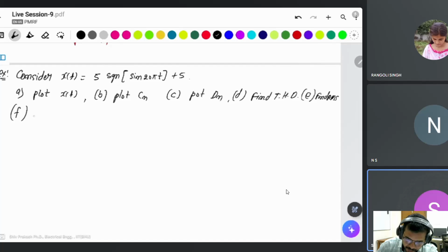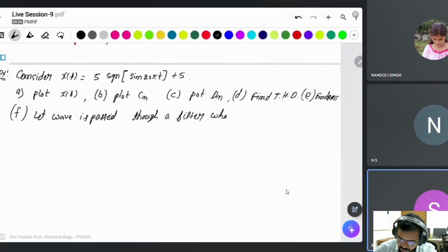All of it is included in the question. F: let the signal be passed through a filter whose characteristic is given like that.